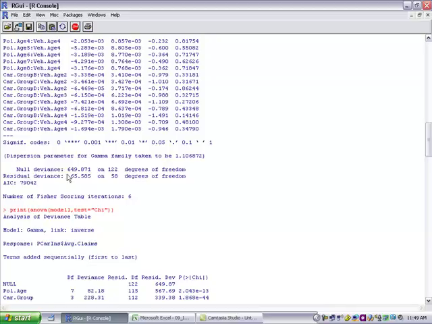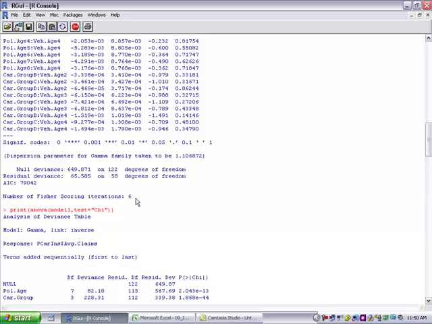Then you have the residual deviance, so that's the deviance that's left after you have applied the model. And here you see you have 65 for 58 degrees of freedom. And this gives you also the AIC information criterion. I remind you that this should be as small as possible.